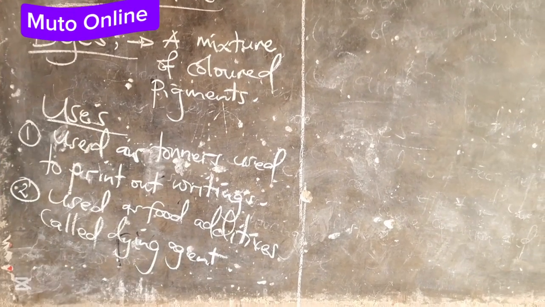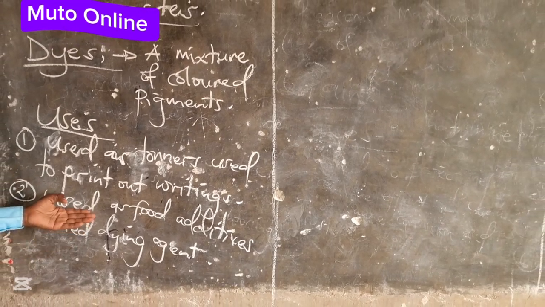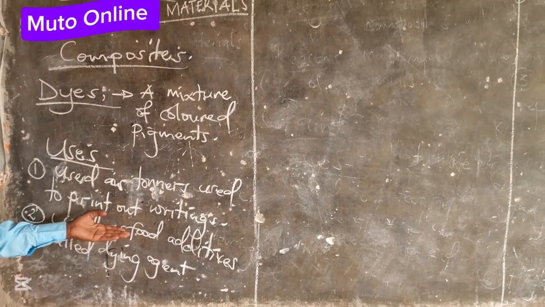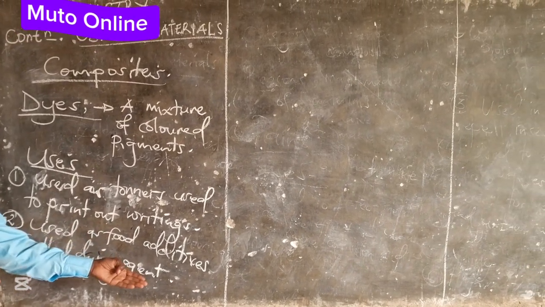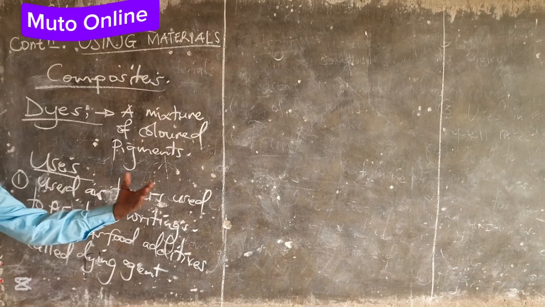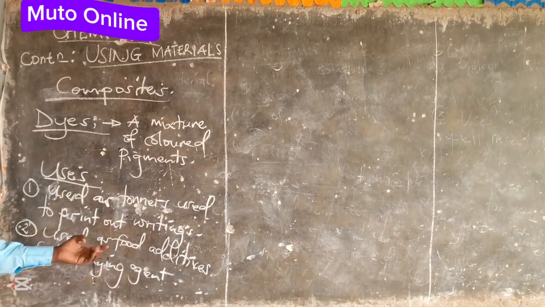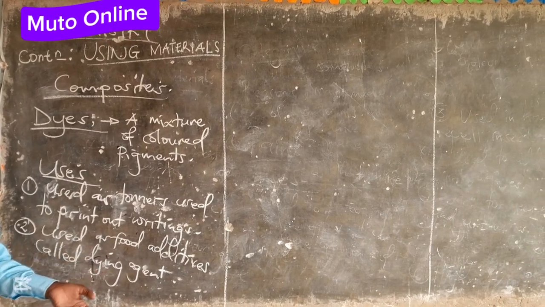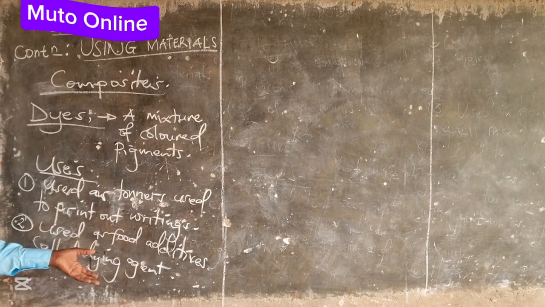The dyeing agents, the color powder you use, and so on, these dyes, the azo compounds, they are dyes. We use them as dyeing agents to improve the appearance of the food, to make it attractive to the consumers. We are looking at the dyes.